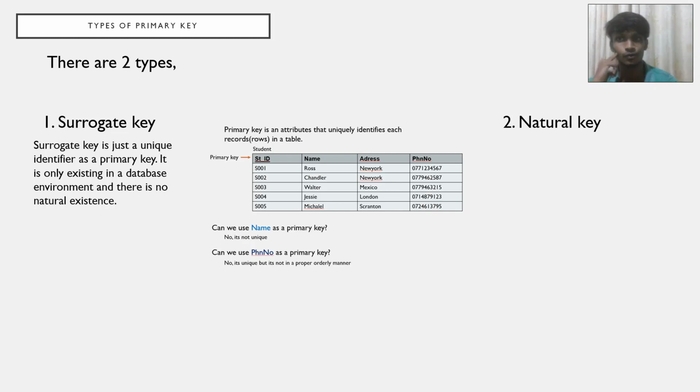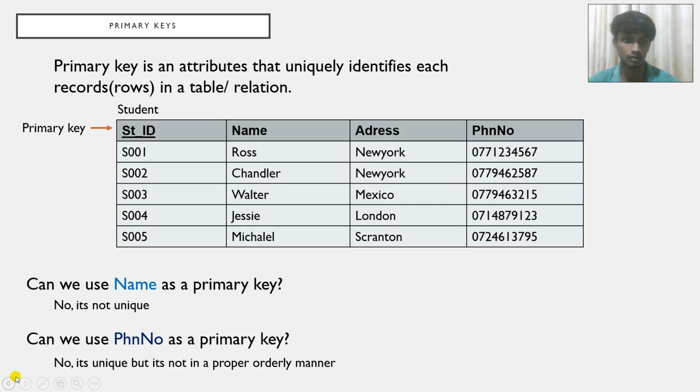So what this means is, imagine this table. I'll move to the previous slide. Okay, so in this table, student ID does not exist in the real world, because the database administrators created a new attribute to identify each of the elements contained in a table uniquely.